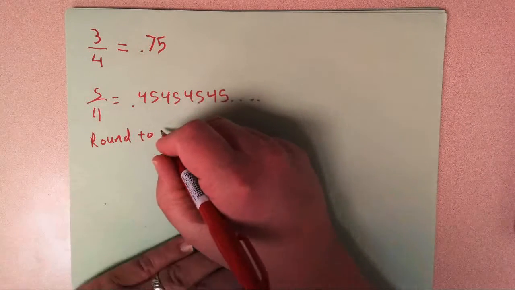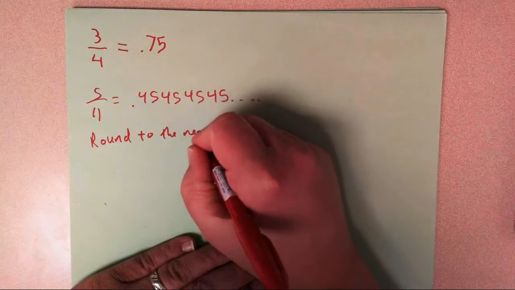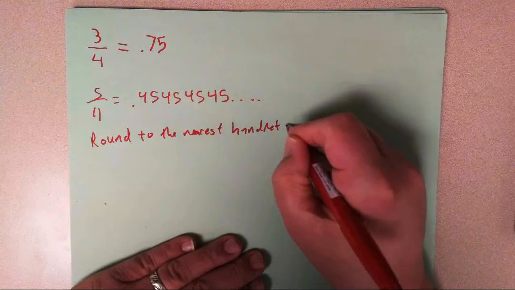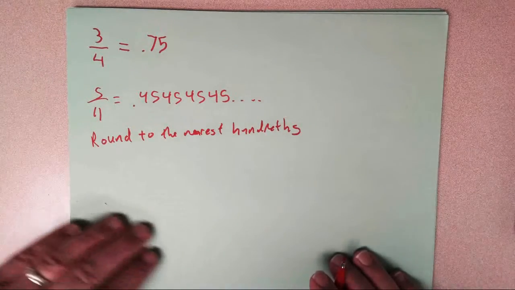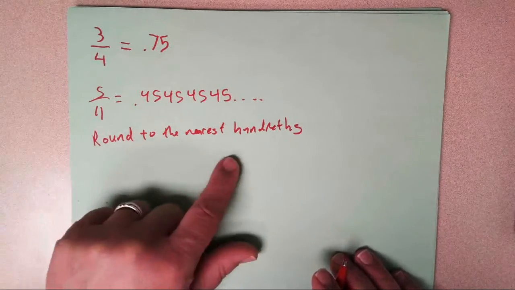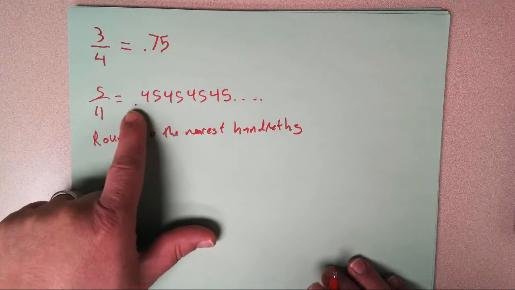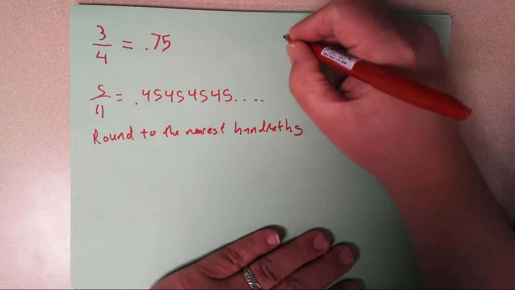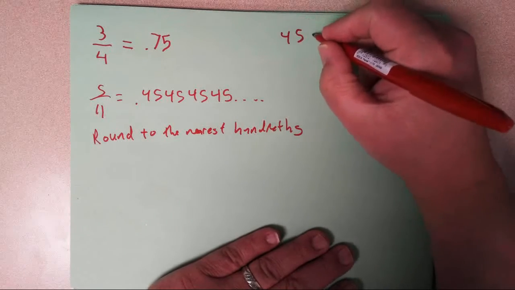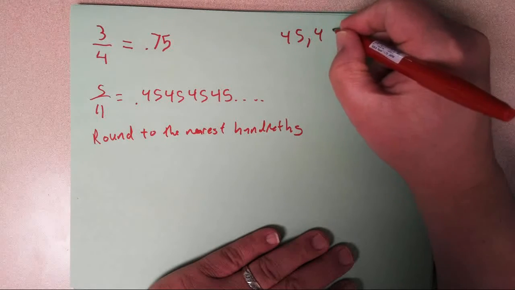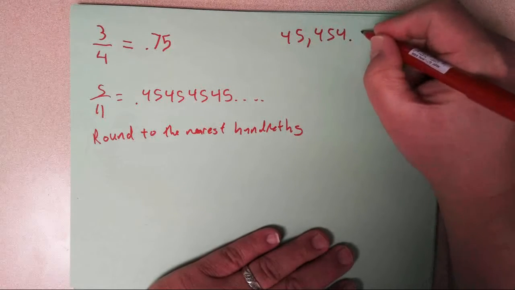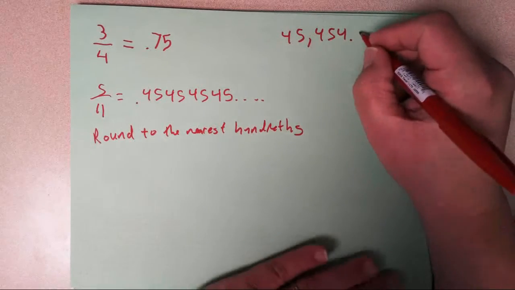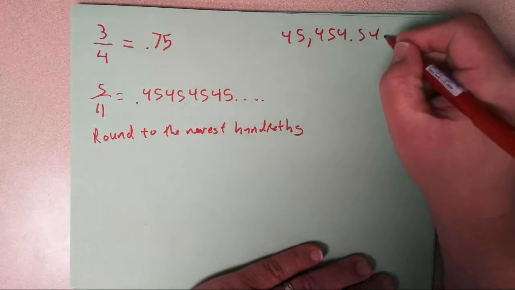the same way of saying that is round to the nearest hundredths. Okay, so hundredths would be 2 decimal places. So kind of like if I had 45,454, and if this were a whole number and I kept this going.